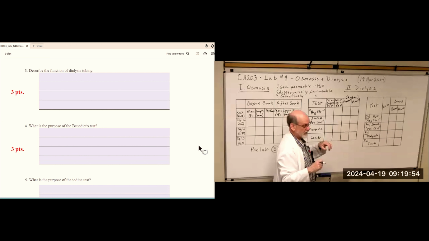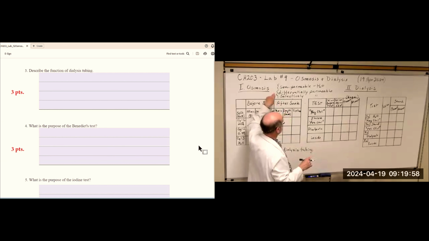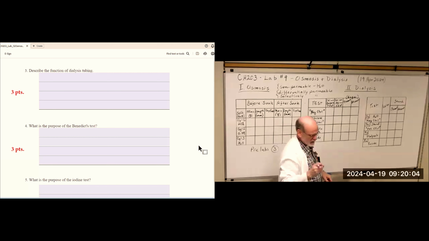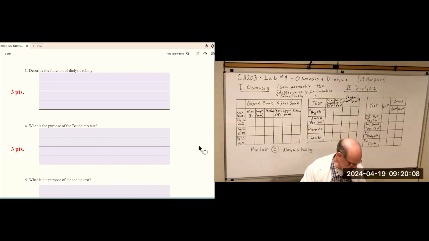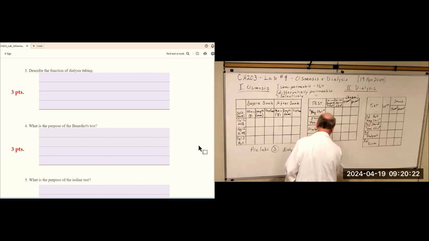And the one we're going to use today is dialysis tubing, this differentially permeable or selectively permeable. And it's most often used in dialysis of patients with kidney failure. The process that we're describing here is called hemodialysis.